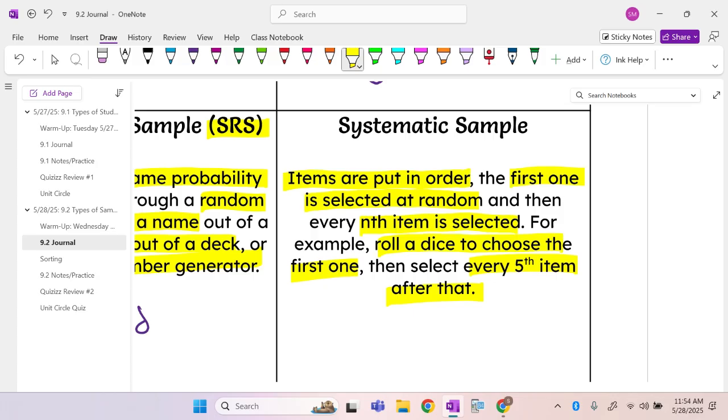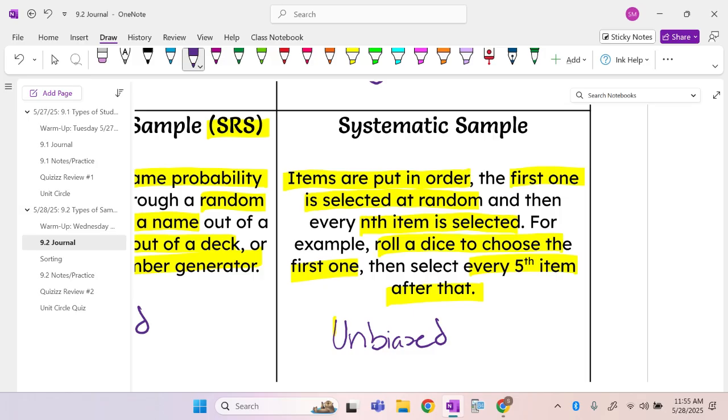So do you think that would be biased or unbiased? Yeah, it's pretty unbiased. Even though we pick a number, it's still random, because we don't know who's going to walk through that door next. I don't particularly know your numbers off the top of my head in the class.